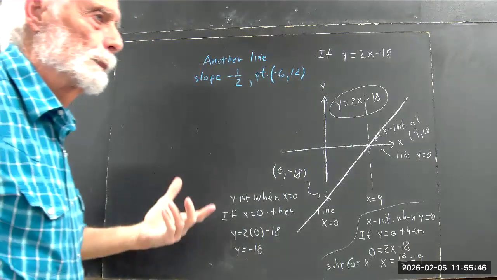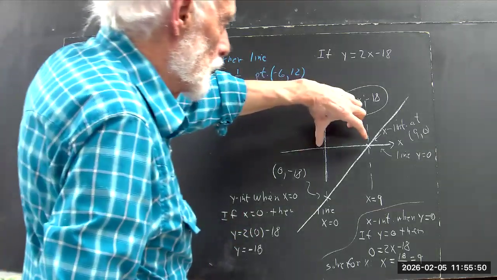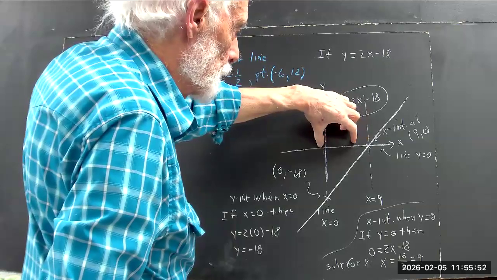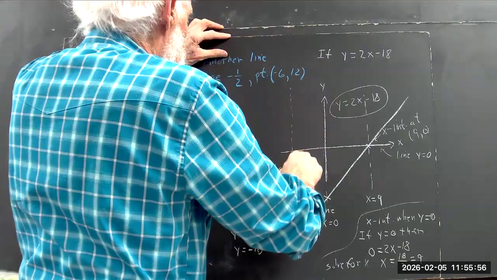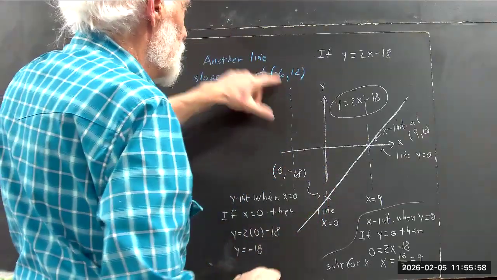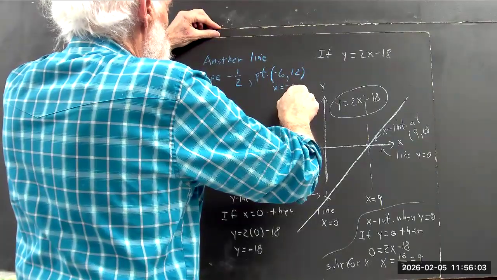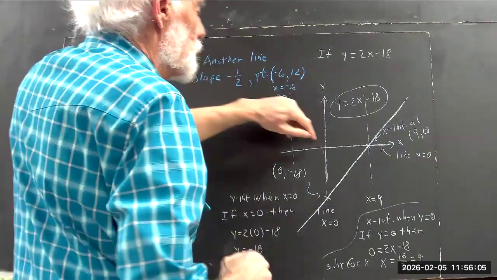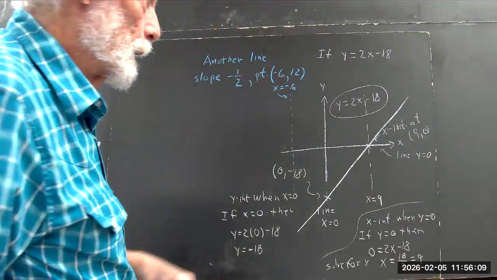Now we can attempt to sketch that line. If this is 9 units, 2/3 of that would be 6 units. That means the line x equals negative 6 would be a bit to the left of the x-axis. And I've sketched that line.